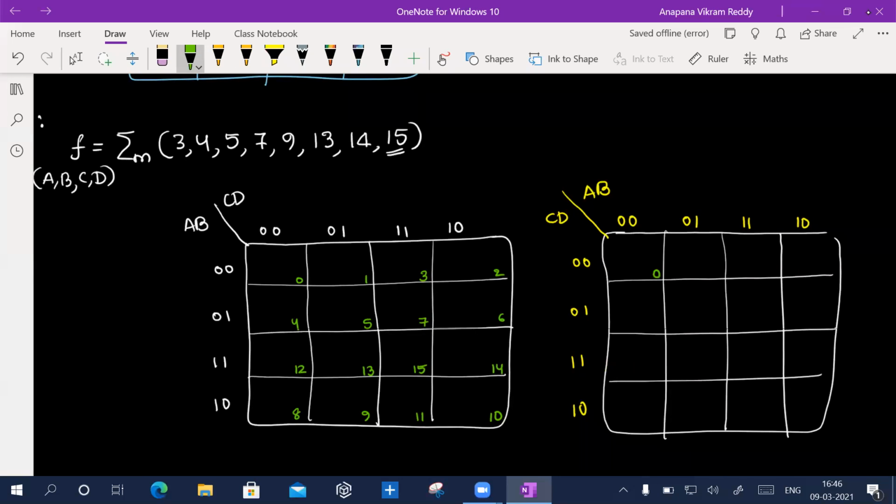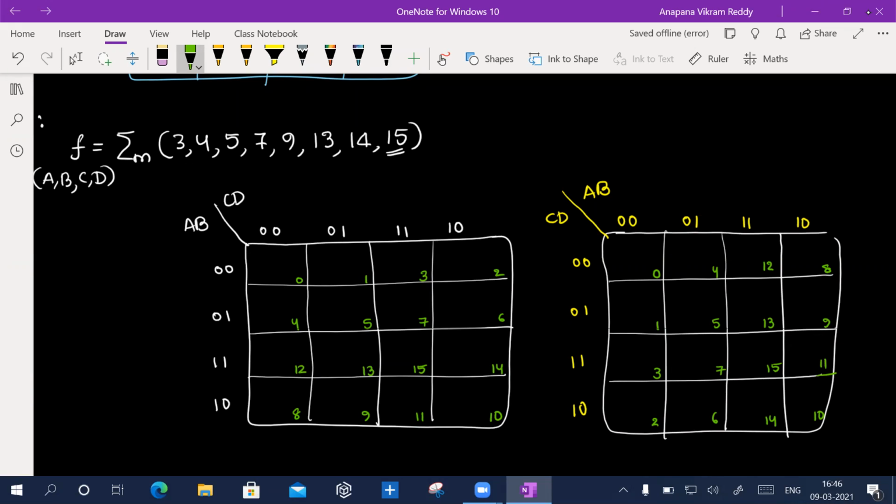This is 0. Now come vertically: 0, 1, 2, 3, 4, 5, 6, 7, 8, 9, 10, 11, 12, 13. This is 14, 15. Agree?